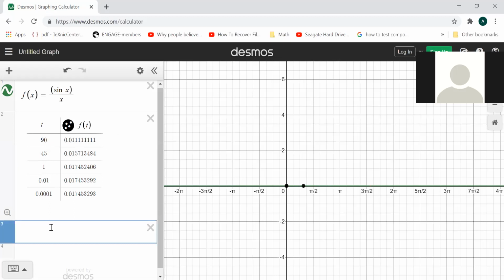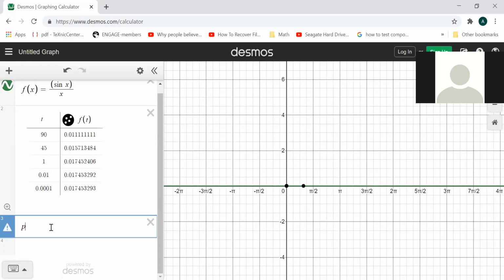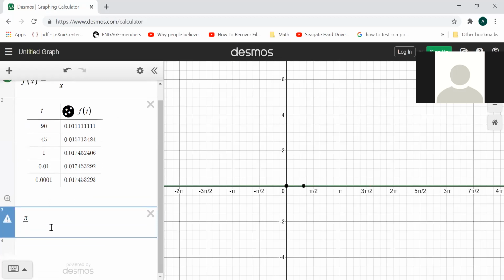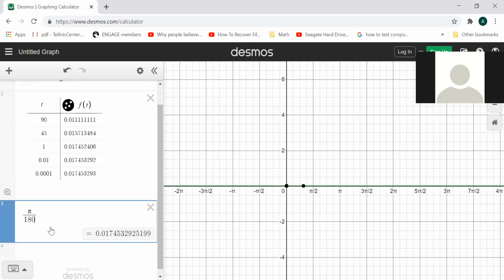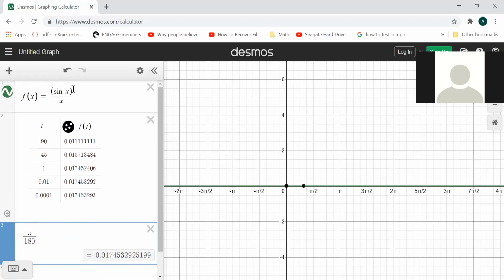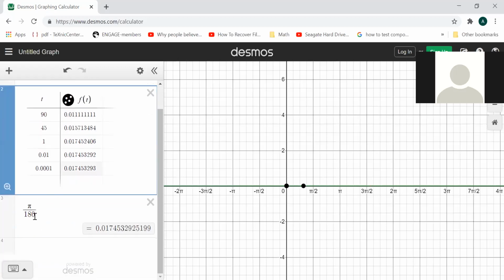If you calculate pi over 180, it's going to give you exactly that. This is the conversion formula for degrees to radians. So this is why this limit, if you measure x in degrees, is not going to be 1, but rather this number, which is pi over 180.